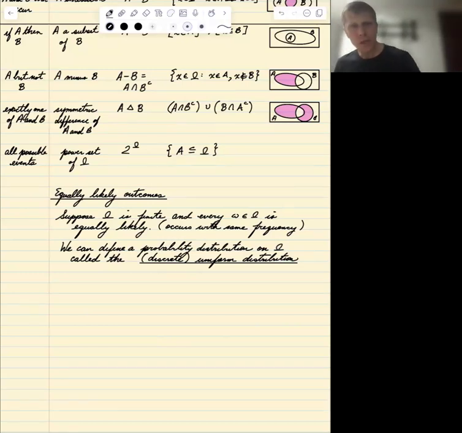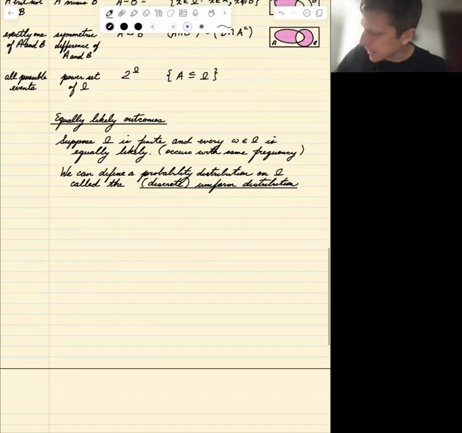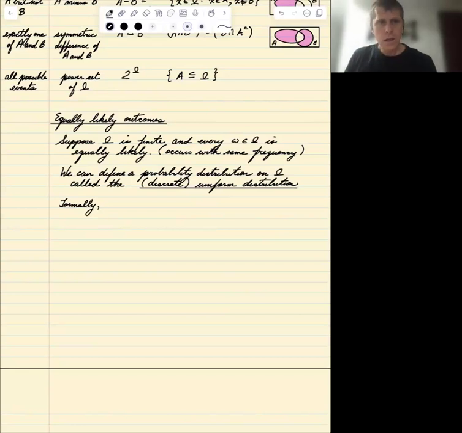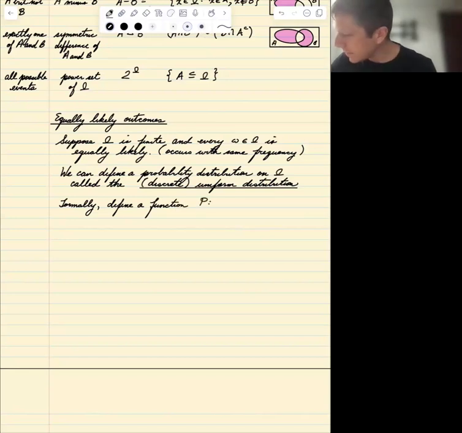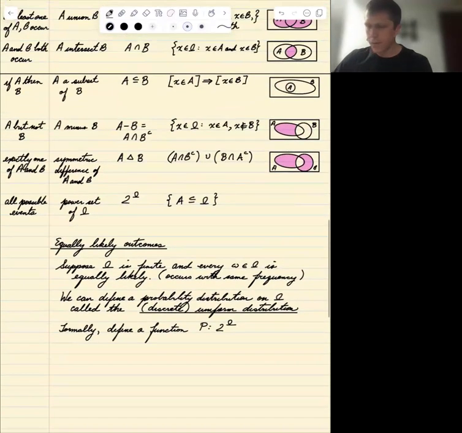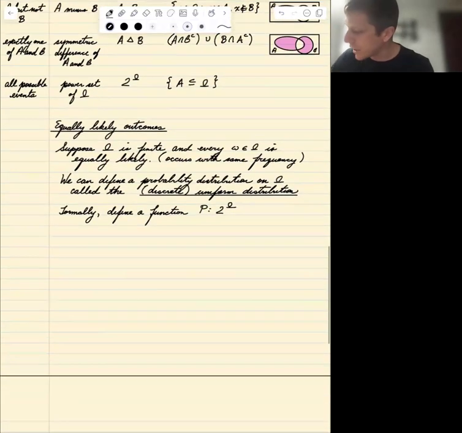Okay. So formally, how do we formalize this? We're going to define a function P from the power set. Remember, we defined the power set up here. It's the set of all subsets. It's a function into the unit interval, so it's going to assign some value between 0 and 1.